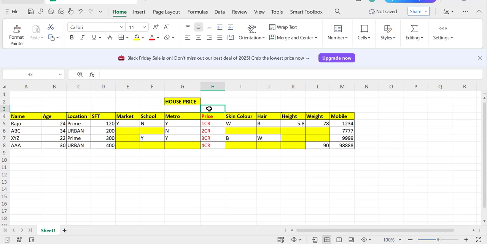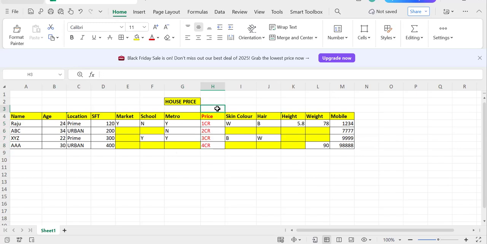The house price will increase if the house location is prime, if the house area is big, and the market, school and metro are near. All these attributes will affect the price of the house, right?